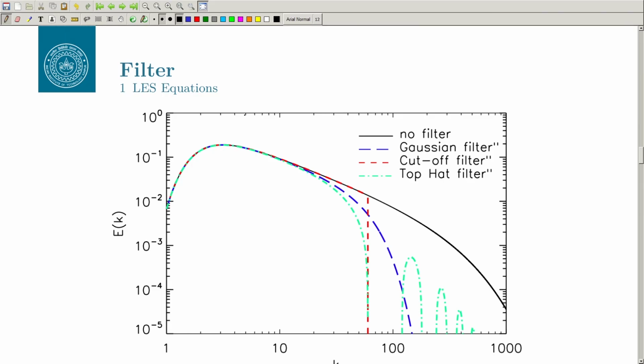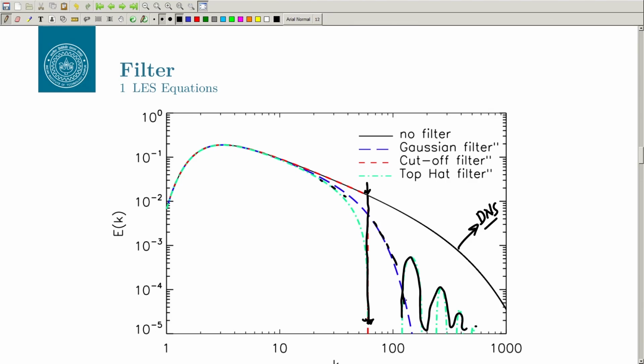This is how different filters work. This one is for DNS, where you are not using any filter. If you use a cutoff filter, the red region is what you see, where you cut off at a particular frequency or wave number, and you can see that the energy just goes down at that place. The green one is the top hat filter, and the blue one is the Gaussian filter.